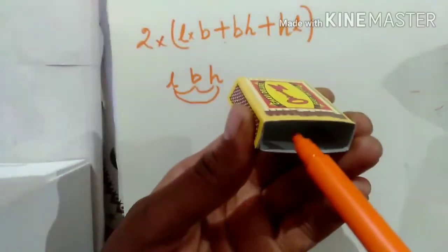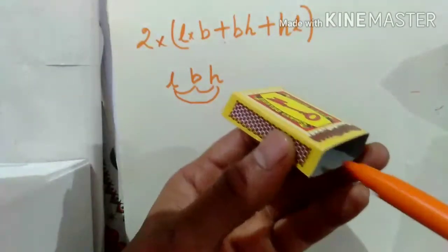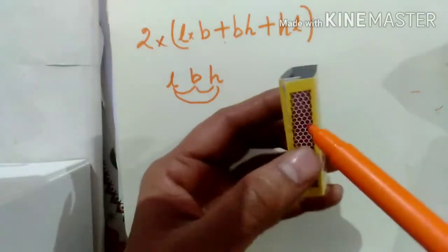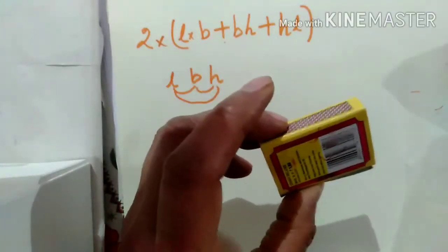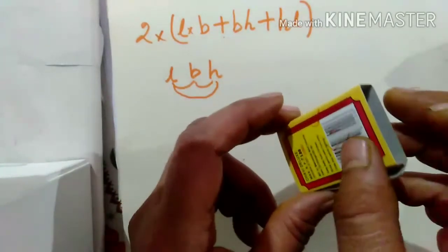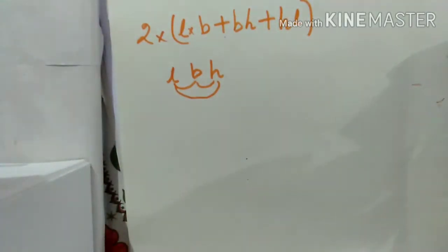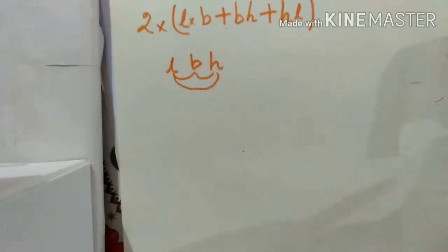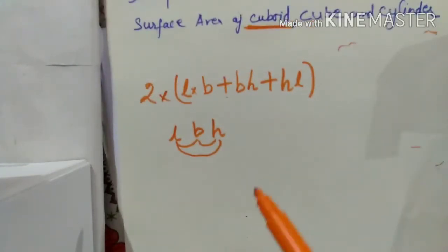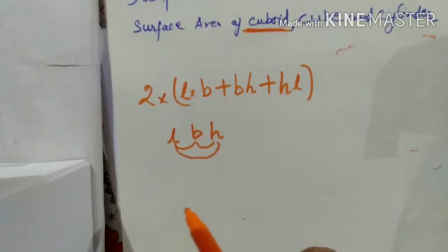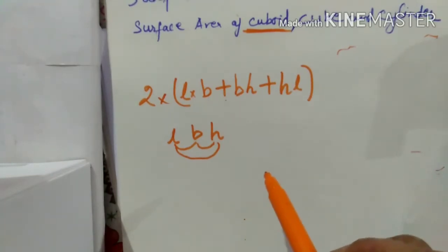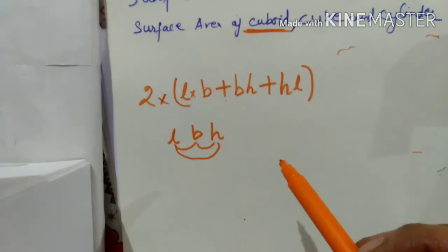Then in this case, when two faces are not there, this is the area of 4 walls, also called the lateral surface area. Think about the room you are in. It is also cuboidal in shape, and when you have to whitewash it, whitewashing is done on the 4 walls, leaving the floor and the roof.